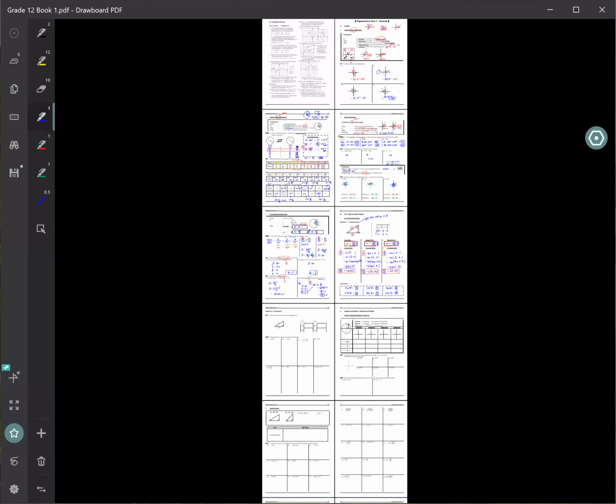Cotangent is what over what? Adjacent over opposite. Okay, maybe I heard it wrong. I thought I heard you say cotangent over adjacent over opposite. Okay, so you just said cotangent is adjacent over opposite.